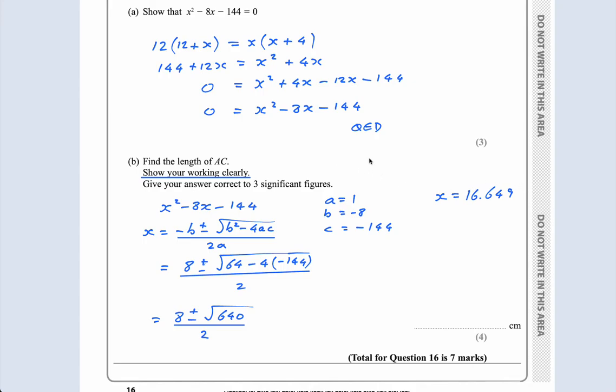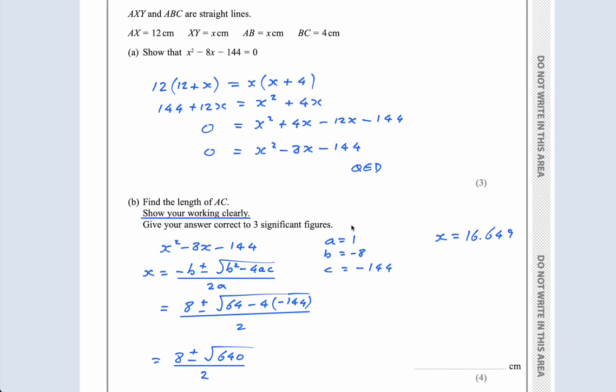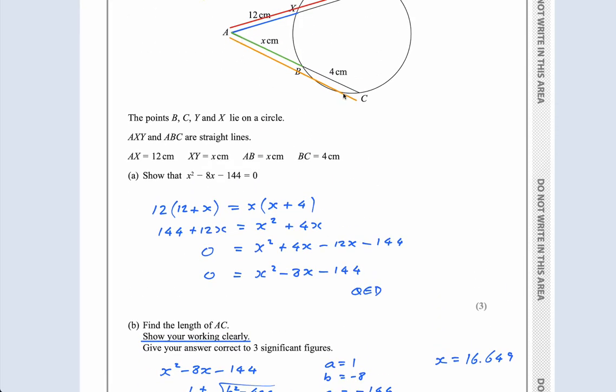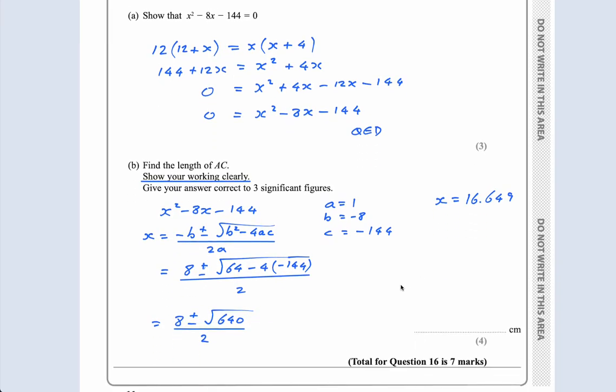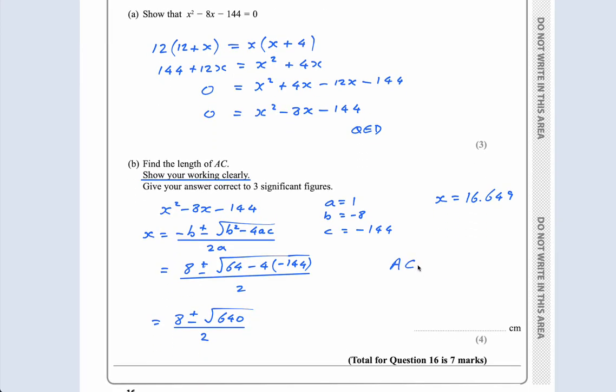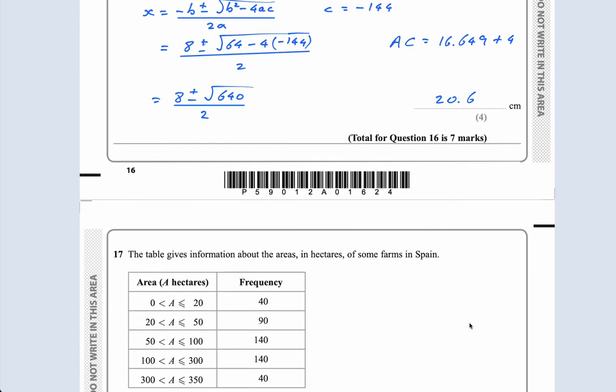But we don't want x, we want AC, because it says find AC. So AC is going to be 16.649 plus 4, which is 20.649. 3 significant figures he wants. Let's go with 20.6. Okay, done. Question 17.